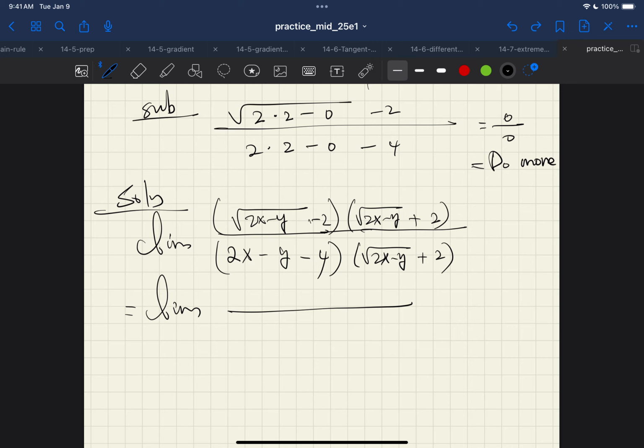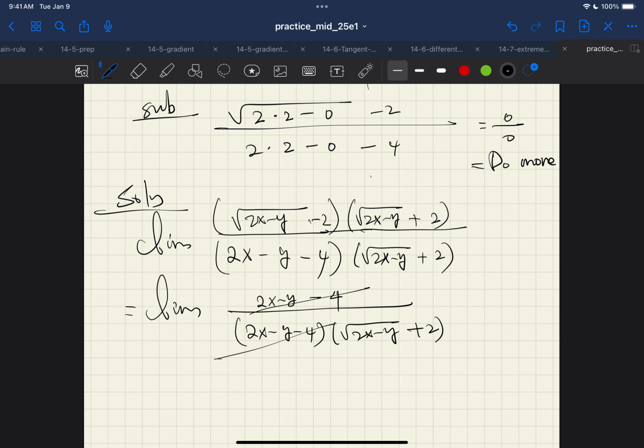So a squared minus b squared is a minus b times a plus b. That's the formula we use. Then the first number squared is 2x minus y. The second number squared is 2 squared, which is 4, which is exactly the same as the first factor of the denominator, and the second factor is here.